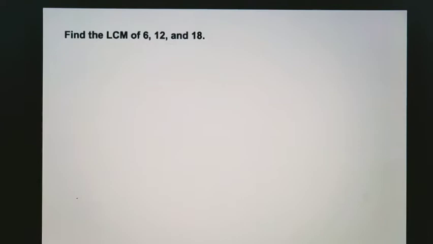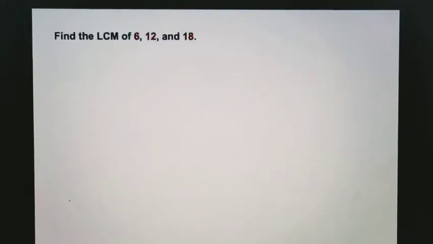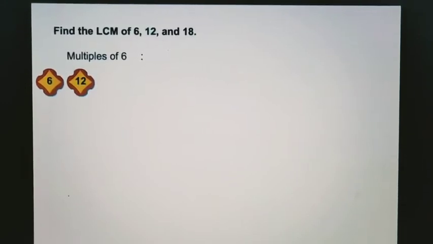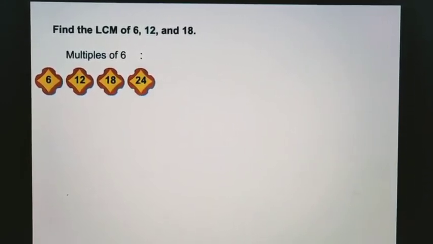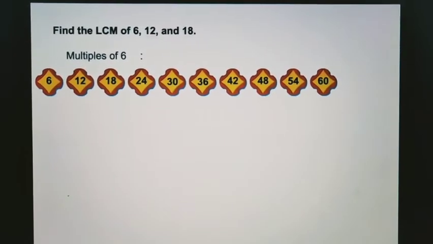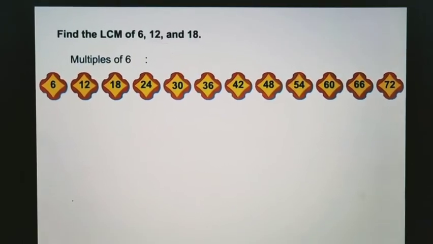First, find the multiples of the given numbers. The multiples of 6 are 6, 12, 18, 24, 30, 36, 42, 48, 54, 60, 66, 72 and so on.